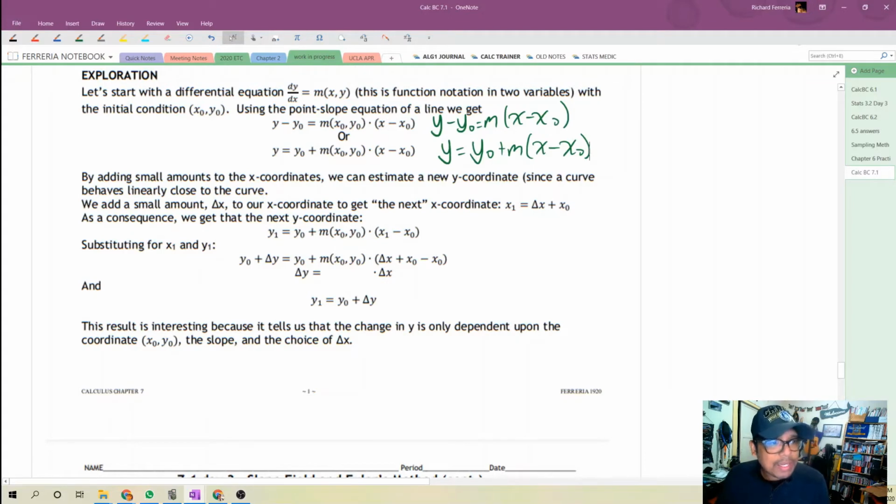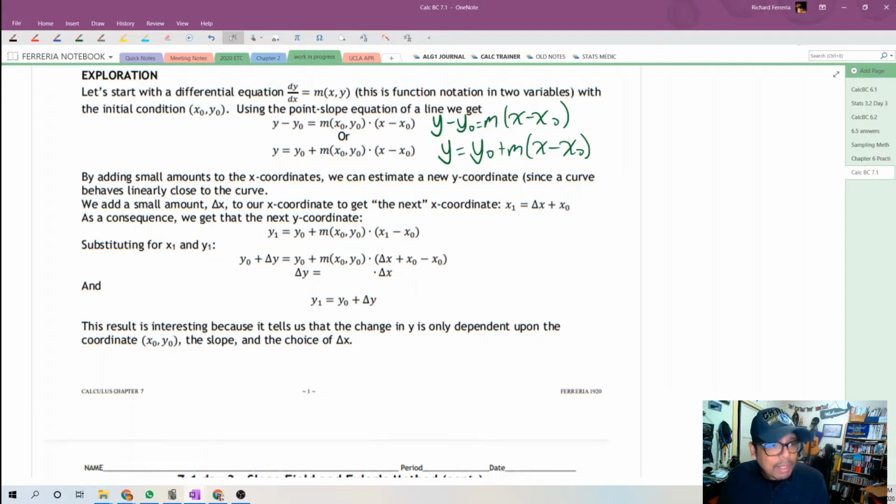So the idea is we're going to add small amounts to the x-coordinate, and we're going to estimate the new y-coordinate based on the differential equation. So this is basically doing a bunch of small tangent lines using our initial condition and our slope field.